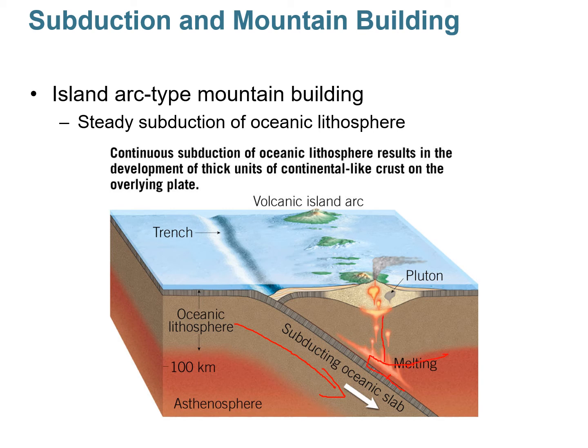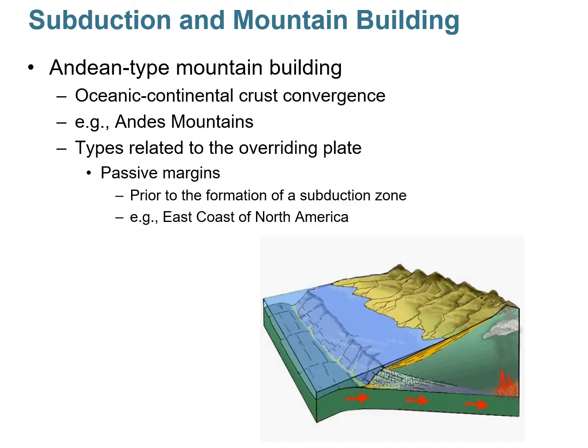Those rise up, thicken the overriding crust here, and some of it erupts at the surface to create volcanic island arcs, right? And because of this collision, this compression, the overriding plate buckles and thickens as a result of it, and that's how you can start the mountain building process here.